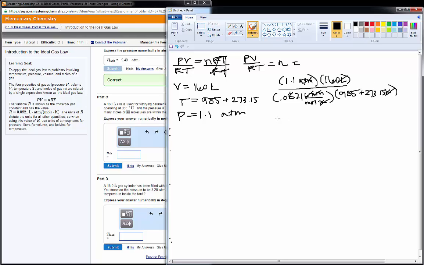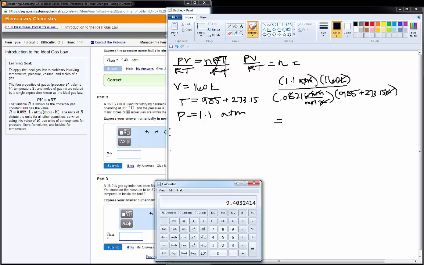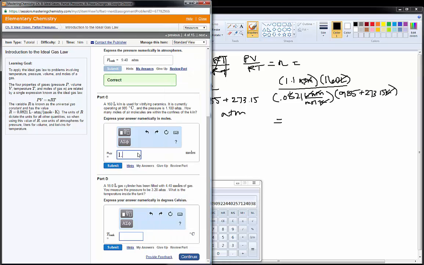So I've got the right unit, so I know I did it right. Let's plug it in. 1.1 atmospheres multiplied by 160 liters divided by 0.0821 liter atmospheres per mole degree Kelvin divided by 985 plus 273.15 Kelvin, which gives me a Kelvin temperature of 1258.15, and the number of moles is 1.70 or 1.7.